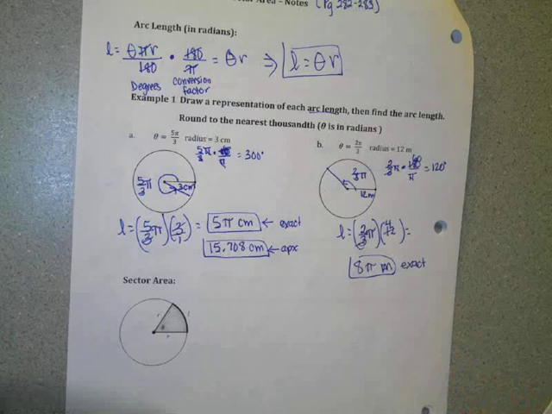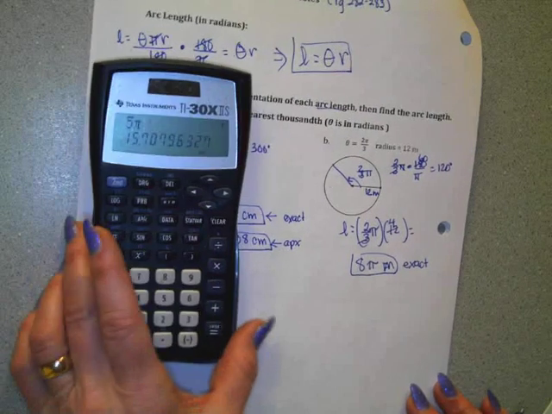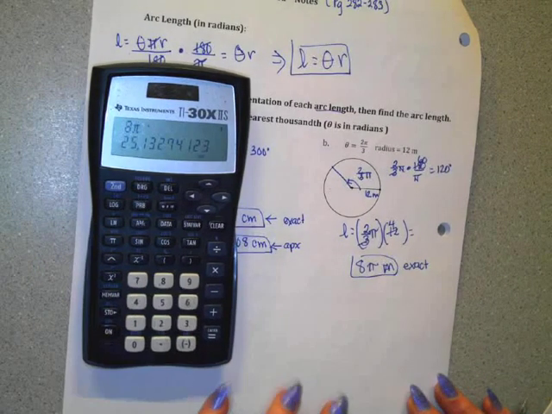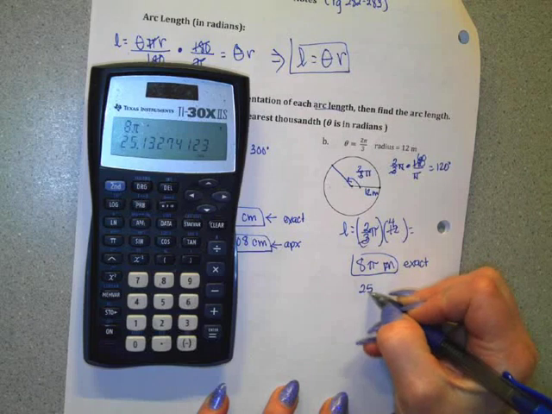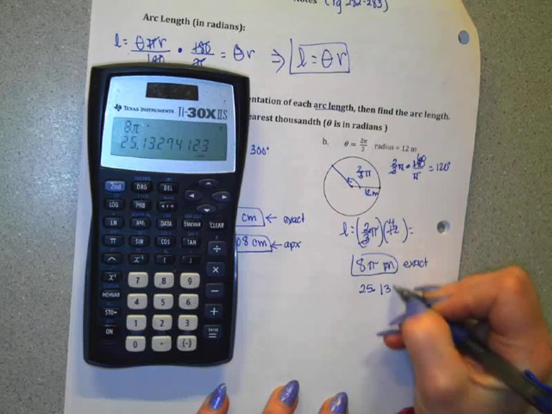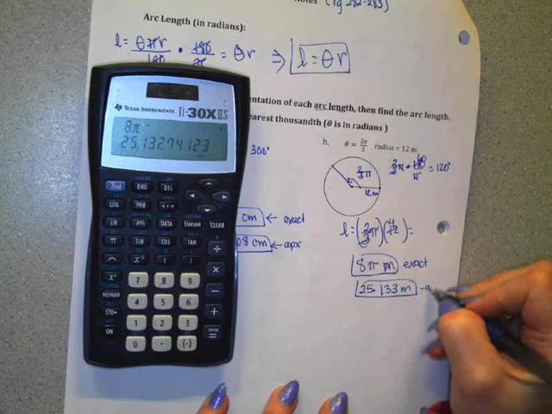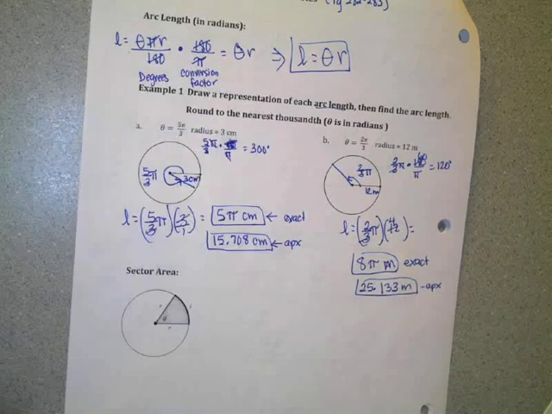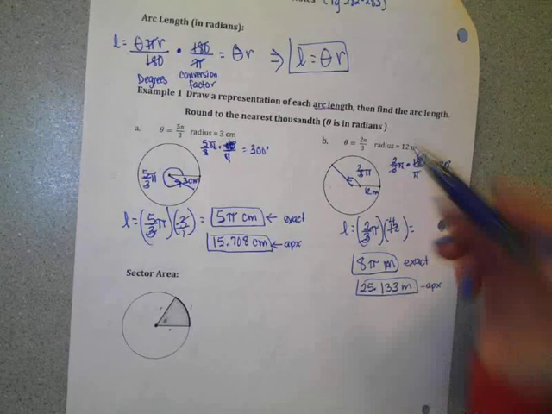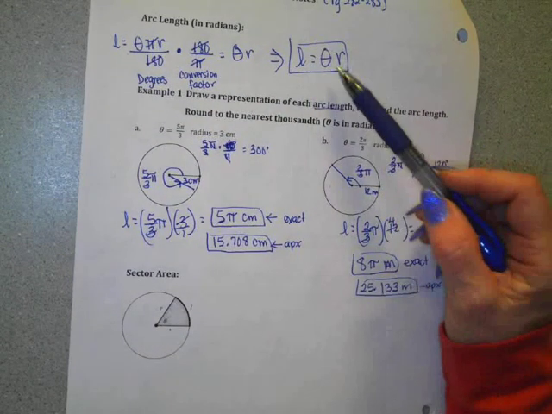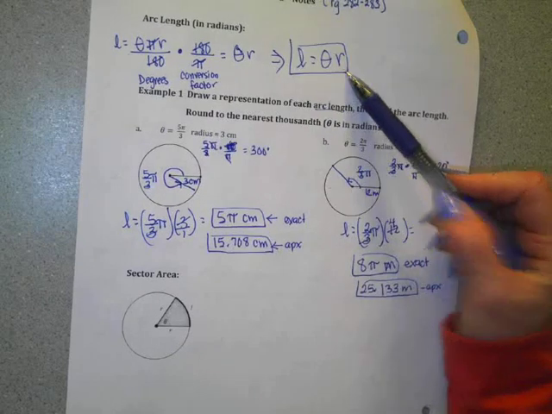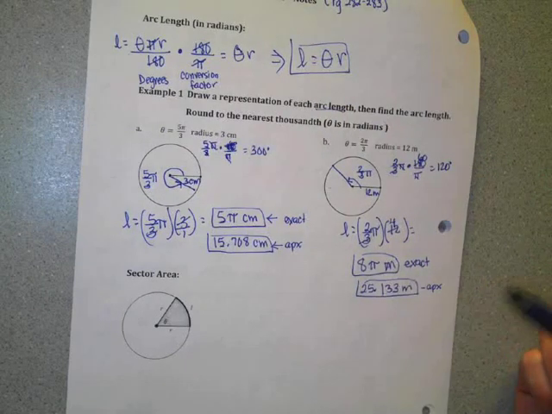And if I take my calculator and do 8 pi, my approximate is 25.133 meters. Okay, so that's the first part of your assignment. You're going to use the formula that arc length is equal to theta times the radius when it's in radians.